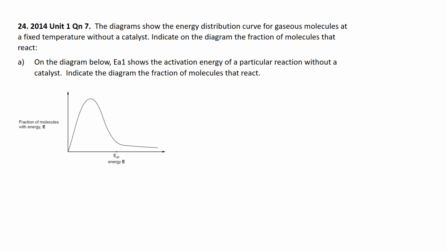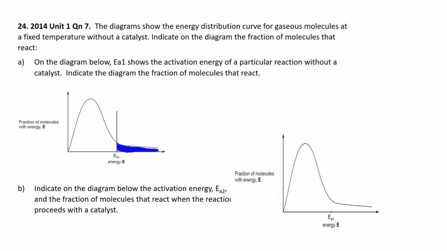And here we're back to our energy distribution curve. So EA1 is the activation energy without a catalyst, and there is the fraction that react. And then we put a catalyst in with EA2, so taking the same picture, that was our EA1. EA2 is going to be a lower activation energy, thus is going to have more reacting.